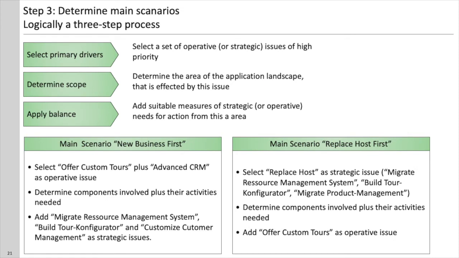Step 3 now is determining scenarios. And working with scenarios comes into play because the large number of activities needed that you usually get from the analysis phase, steps 1 and 2, is so much and so complex that you cannot decide which of these activities to plan for, which to put into your roadmap, and which to leave out systematically in one step.